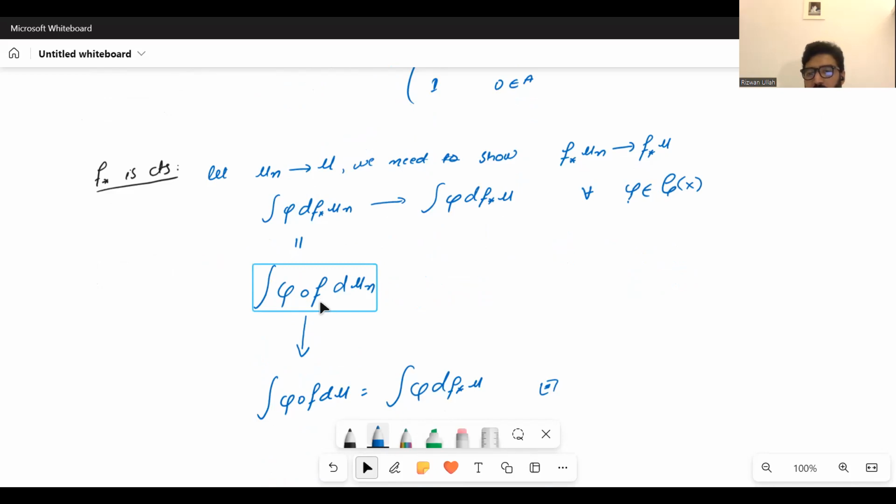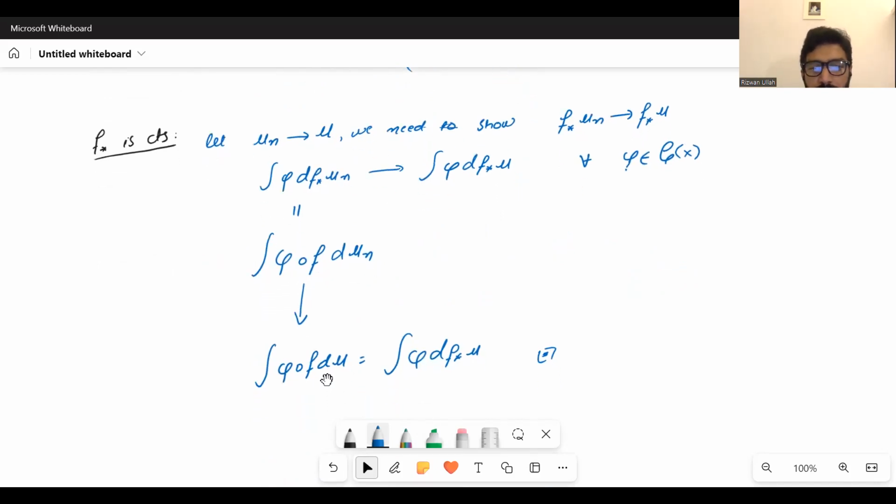After a little bit of observation and a little bit of computation, you can figure this out very easily. Since f is a continuous function, which was one of the assumptions, and p is a continuous function, their composition is a continuous function, and I know that the sequence mu n is converging to mu in the weak star sense. So I can say that this integral is converging to this integral, because p composed with f is still a continuous function.